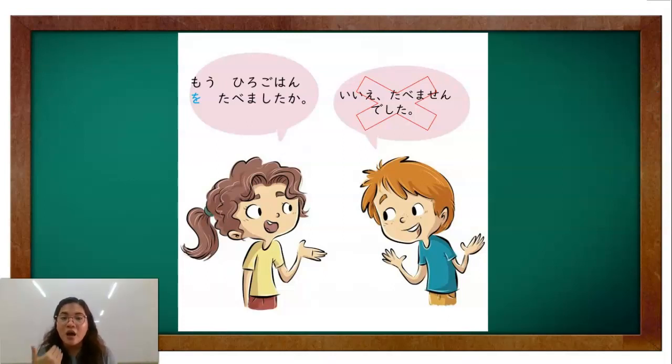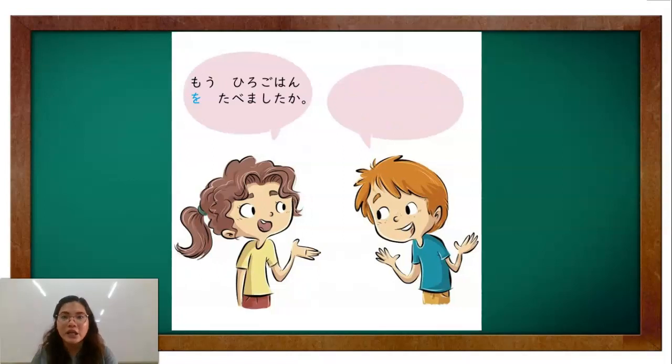Rather than sabihin mong hindi pa ako kumakain, instead of using iie tabemasen deshita, you would rather say iie, mada desu. No, hindi pa. Okay? That means no, not yet. Or, hindi ko pa ginagawa si verb. No, not yet, or iie, mada desu.